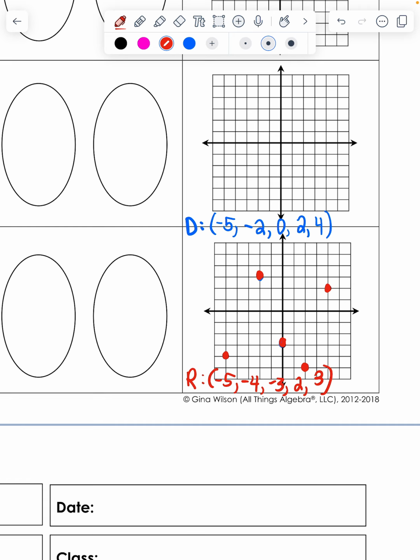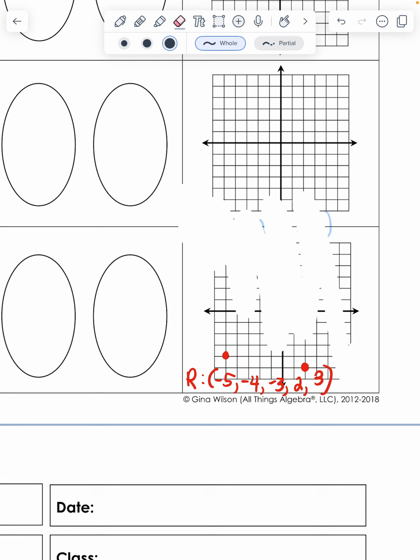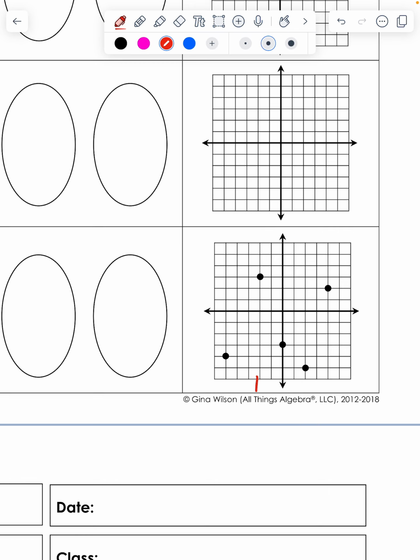Now, if I change the way that this graph looked, and instead of it being discrete the way that it is, if I were to connect these points, so let's say I connected the points and I have some sort of curve like this, I am unable to tell you that the domain are those same numbers that I already erased.